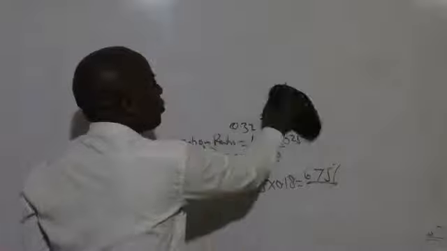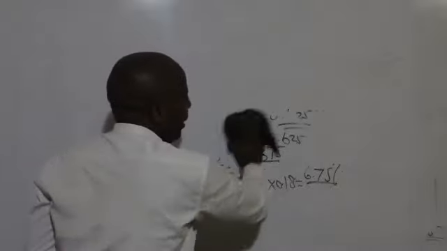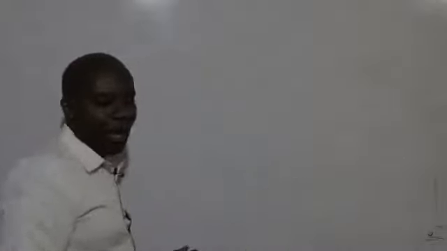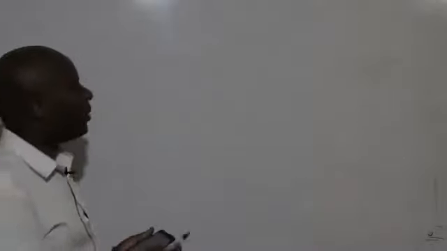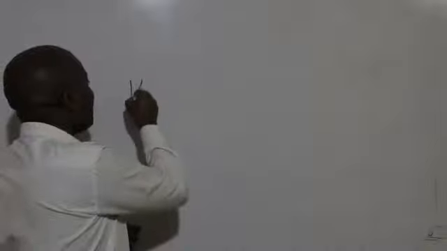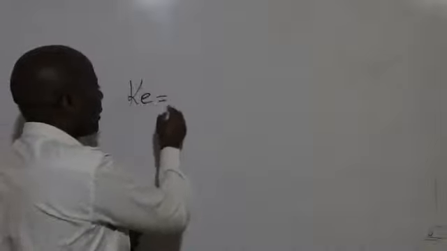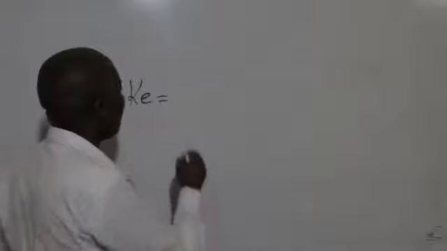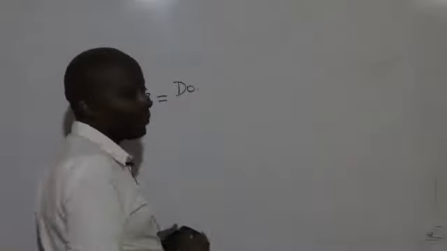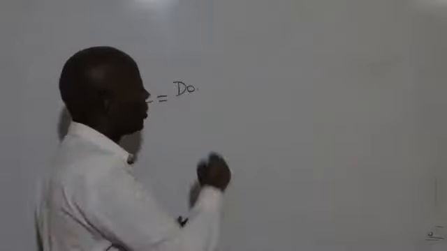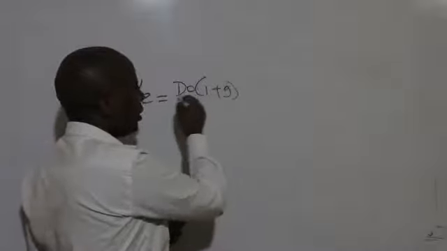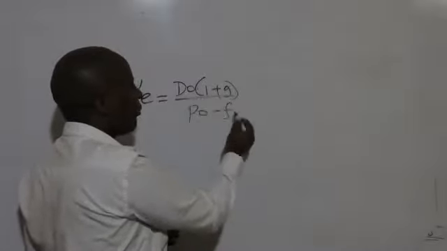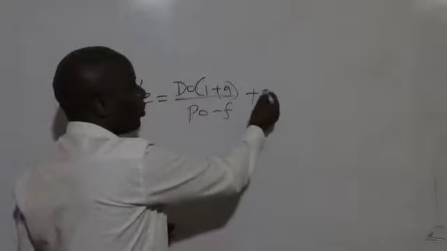So B, cost of equity, that is as easy as a leisure walk in the park. So to get cost of equity, what do we have here? We have D0 into 1 plus g all over P0 minus flotation, plus g.